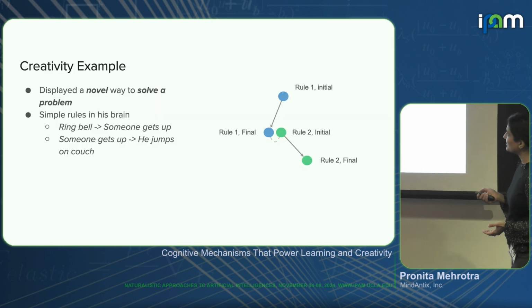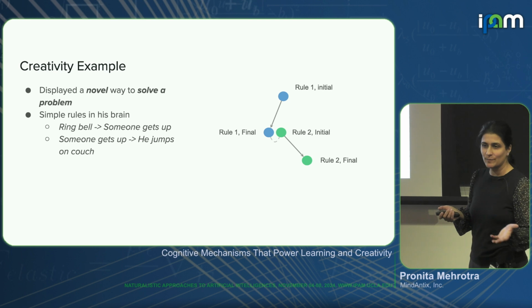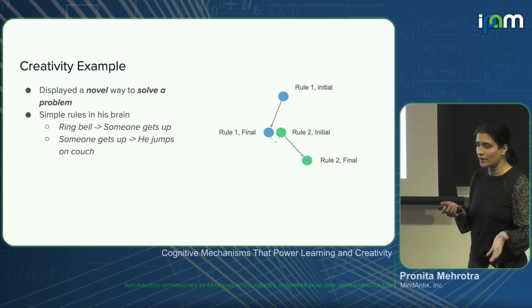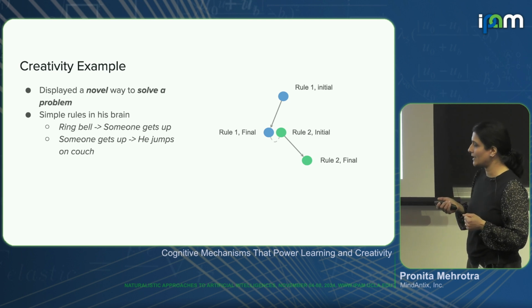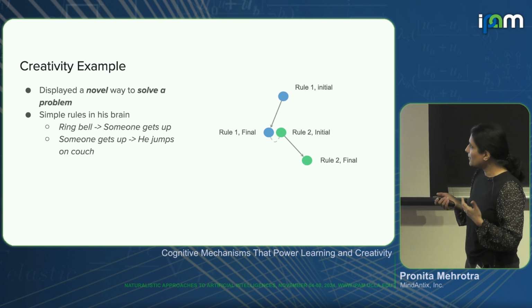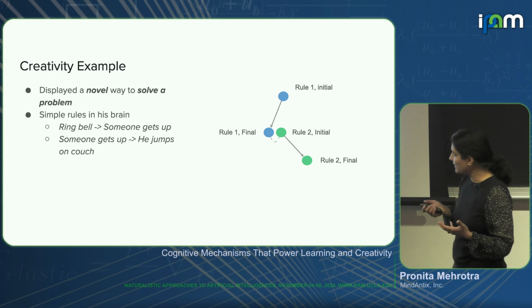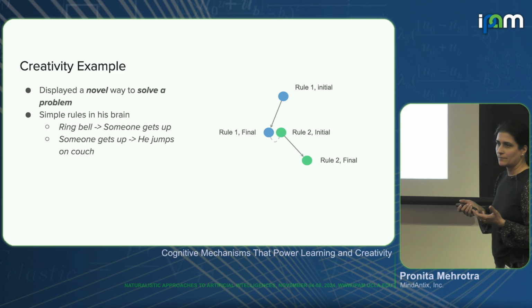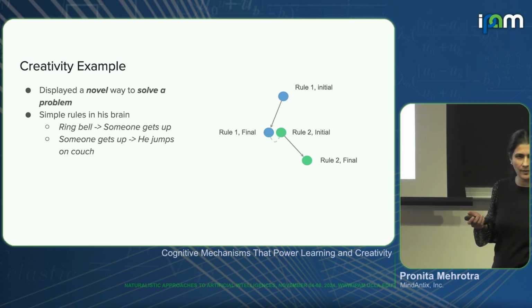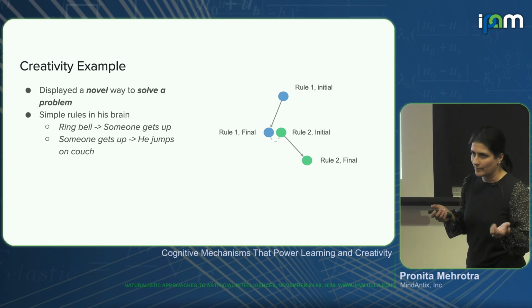So that was a pretty novel behavior that he had never displayed before, right? He's not done it before, it's novel. He solved a problem, so that was a creative exercise. If you think about what was going on in his head, he has these rules: when I ring the bell, somebody gets up, right?